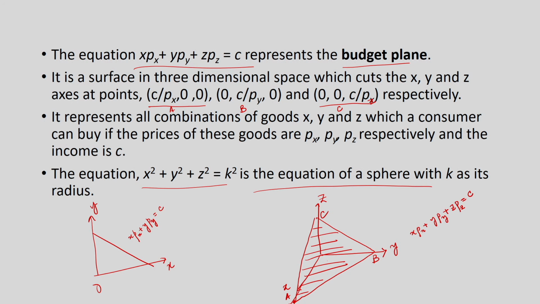Remember again, if you had x square plus y square is equal to k square, then we have seen this is the equation of a circle. I am sorry, so this is k, the radius is k. So, this is your x axis, this is your y axis, and this is the circle.